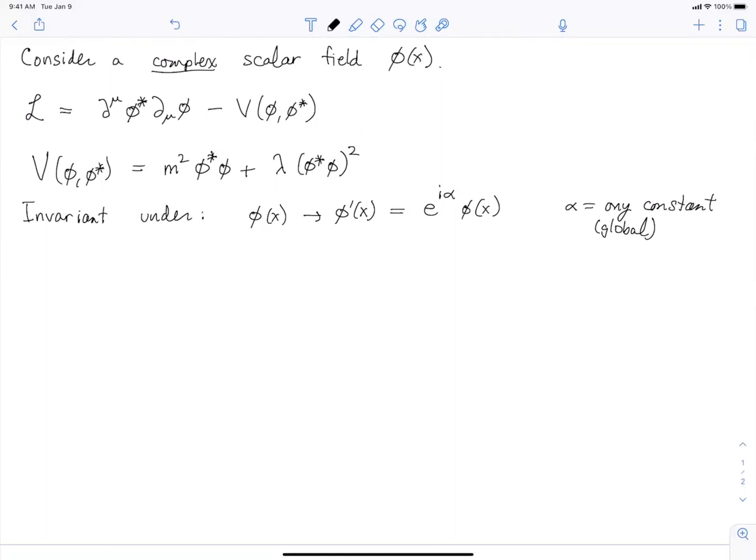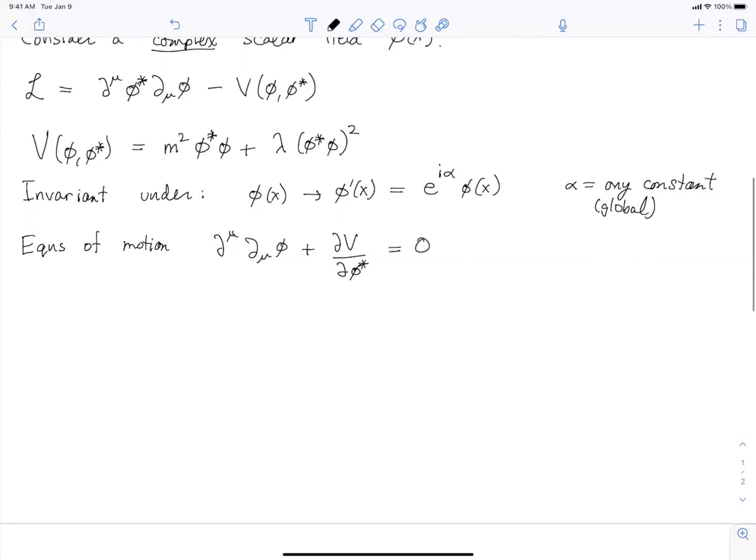All right, so now if I have this Lagrangian, I can write down the equations of motion. If you take the variation of the Lagrangian with respect to phi star, you find the equations of motion look like this: ∂_μ ∂^μ φ + ∂V/∂φ* = 0.